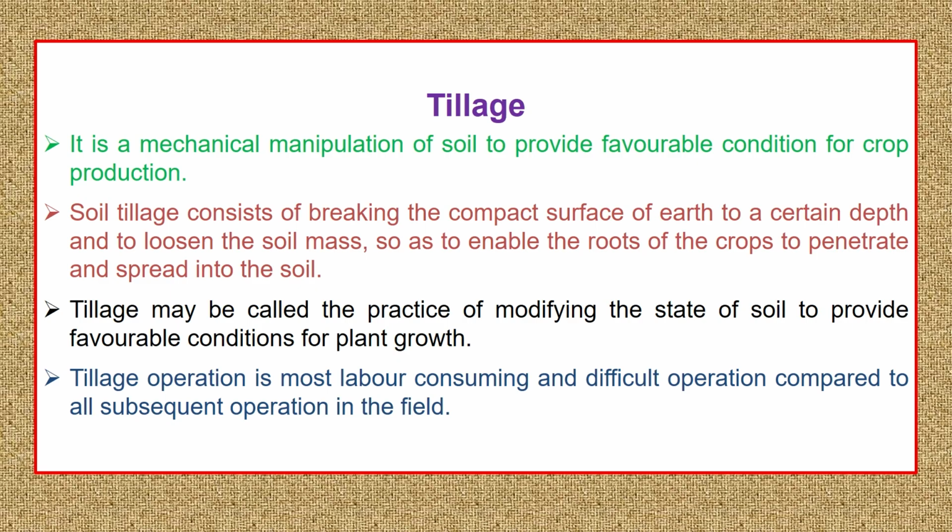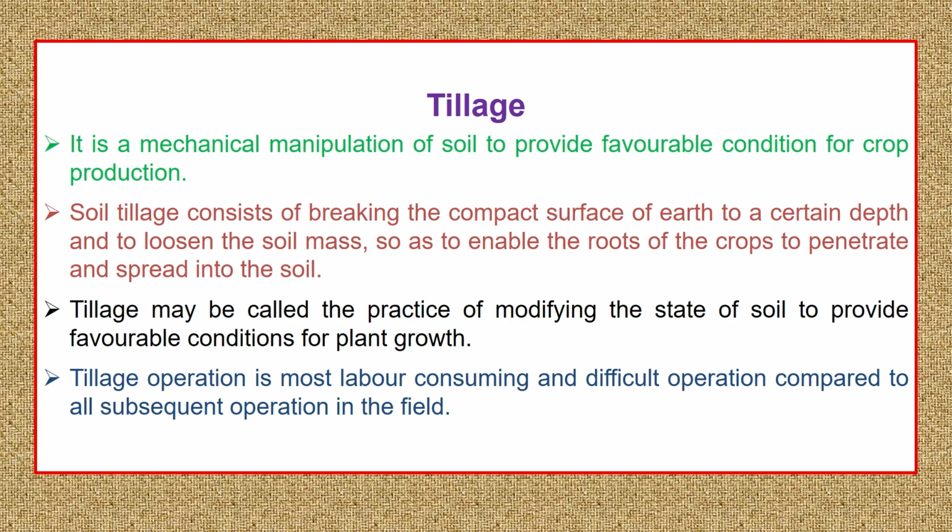Tillage may be called the practice of modifying the state of the soil in order to provide favorable conditions for plant growth. So tillage is performed to manipulate the soil mechanically to provide a favorable condition for the plant to grow. The tillage operation is the most labor consuming and difficult operation compared to all the subsequent operations that we perform in agriculture for the crop production process.